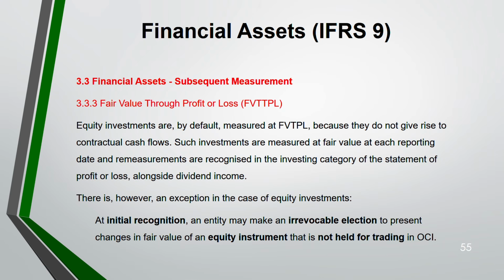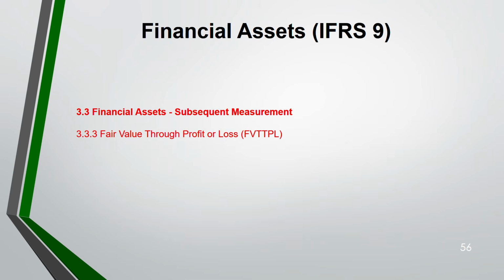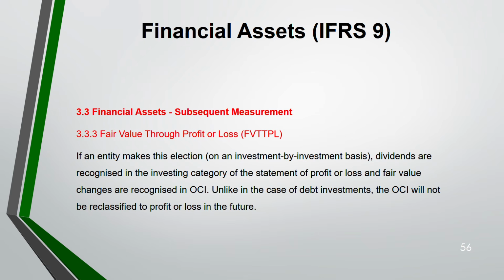Okay, any changes in the fair value that you are not holding for trading, you can recognize in OCI. But if you are holding it for trading, then it will not go in OCI, then it will go in profit and loss. Now remember, if an entity makes this election, that is investment by investment basis, any dividends will go in the investing category in your profit and loss, and fair value will go in OCI.